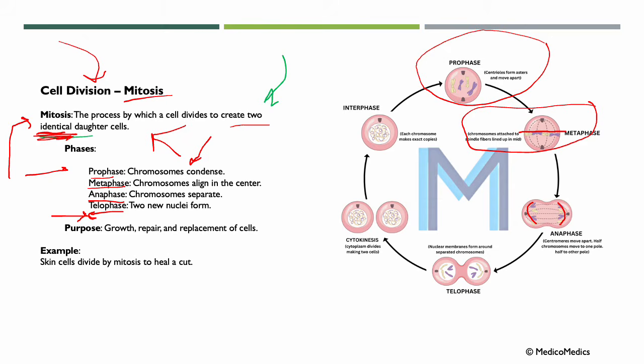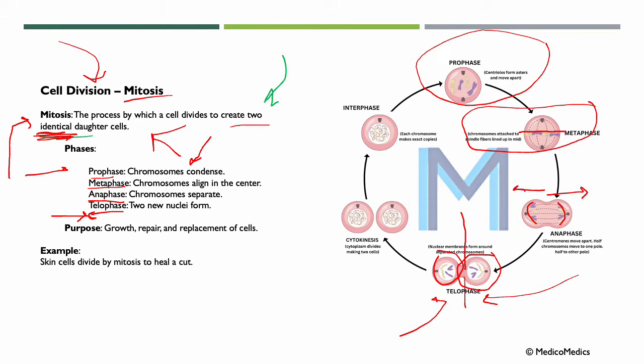So these so-called centromeres move apart, and half of the chromosomes go to one pole, the other half to the other pole. Then we enter the telophase, and this is where a nuclear membrane forms around these separated chromosomes. So you're beginning to see that it's becoming 2. So during telophase, 2 new nuclei form.